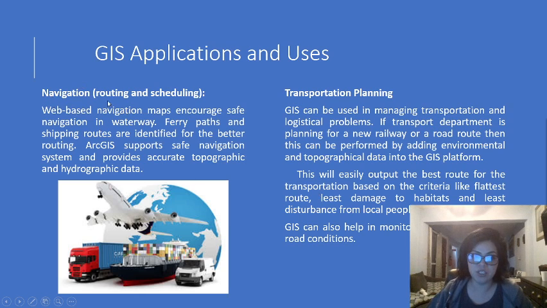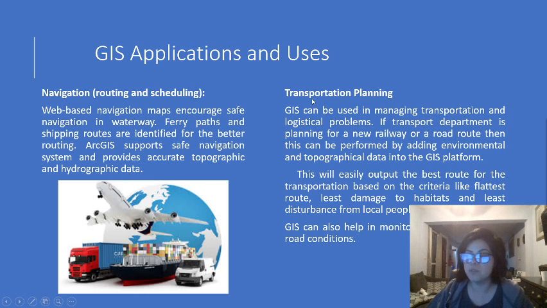First, navigation. The GIS systems can create navigation maps so the ships can travel safe. It also can create ferry paths and shipping routes, and they can be identified for a better routing, so it makes it faster and safer. The ArcGIS supports safe navigation systems and provides accurate topographic and hydrographic data.